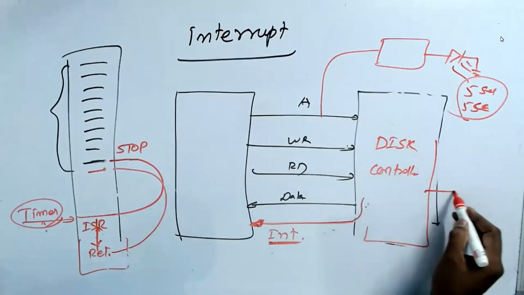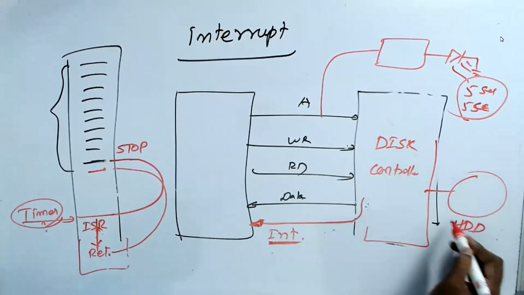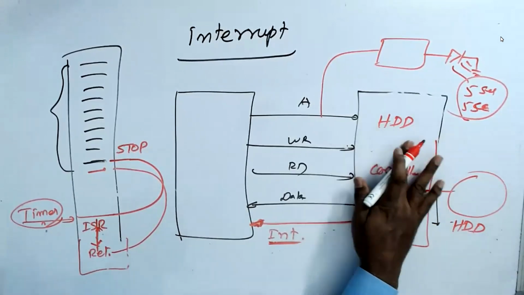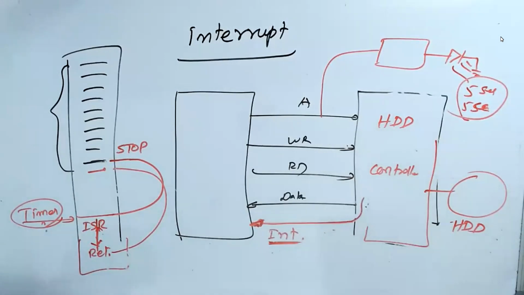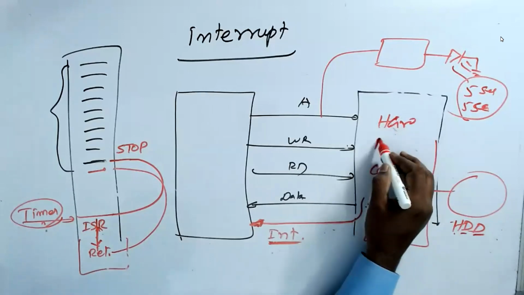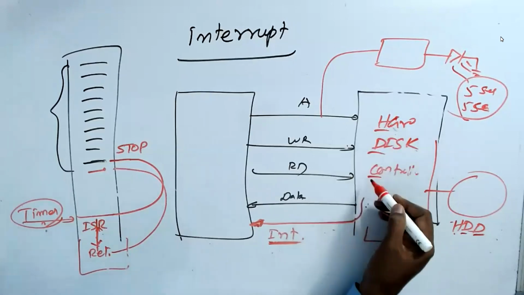And I have a disk. Okay, I have a hard disk. Let us assume a hard disk controller. Now, this is called hard disk drive. This is called hard disk controller. Please understand the difference between HDC and HDD.